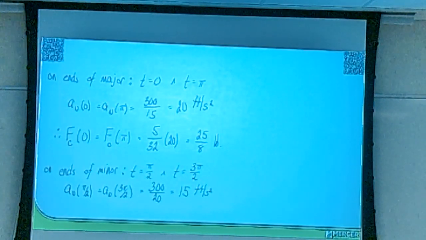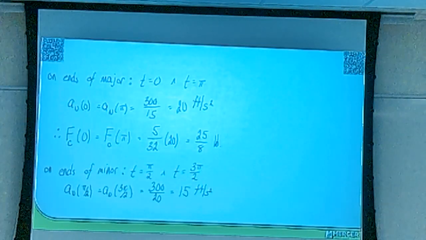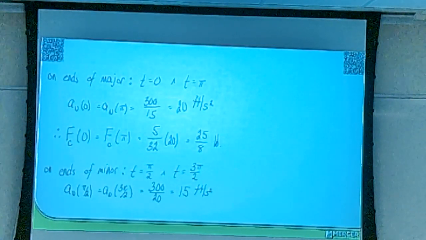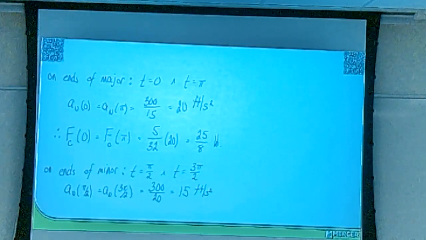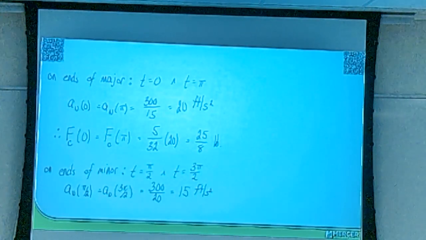You have to be careful with the way you say that. We write it feet per second squared, but it's actually feet per second per second. Remember, rate of change is always the unit of what's changing divided by unit of time. So it's feet per second, each second. It's just easier to write that. Those are the conventions.